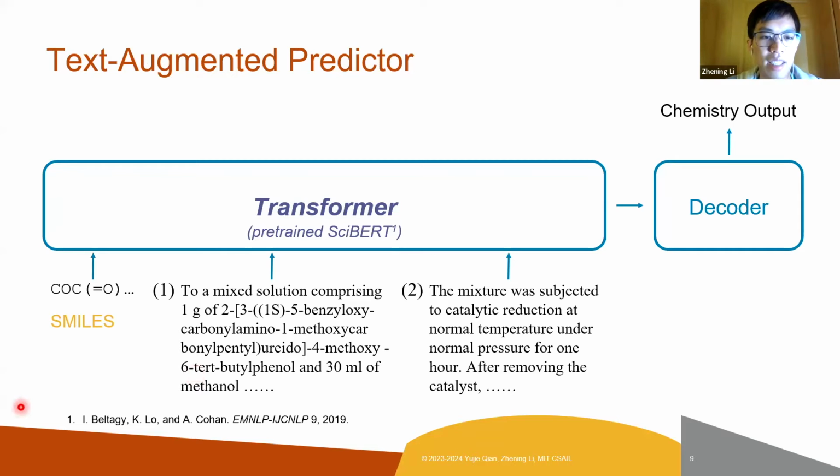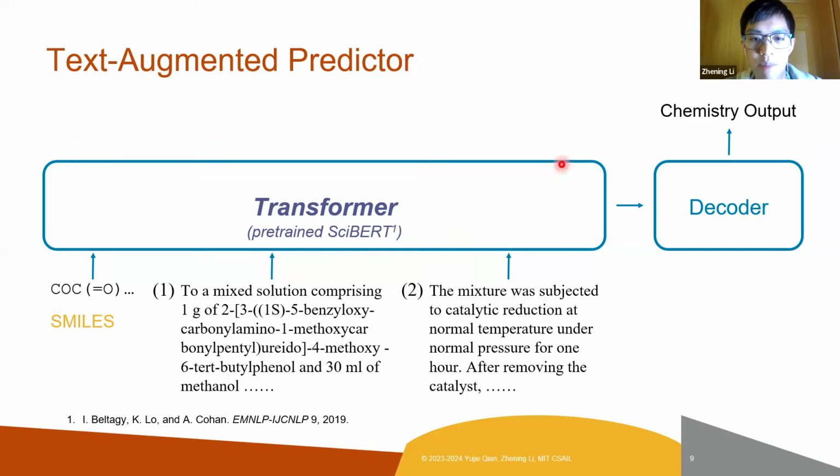So now let's take a look at the text augmented predictor. The text augmented predictor takes as input the SMILES string, the original input to our problem, as well as retrieved texts that have been outputted by our retrieval model.